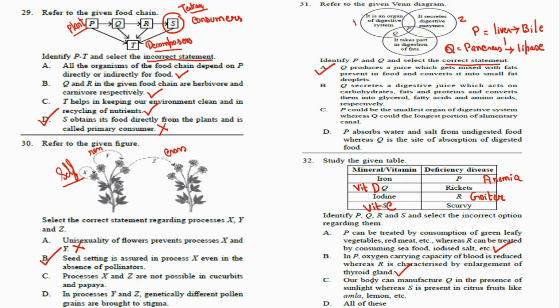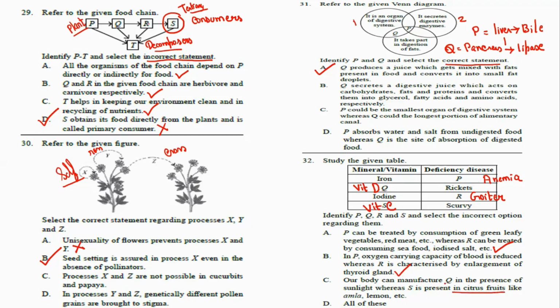Option C says our body can manufacture Q in the presence of sunlight, whereas S is present in citrus fruit like amla and lemon. S is vitamin C, present in citrus fruit like lemon. This is the correct one.